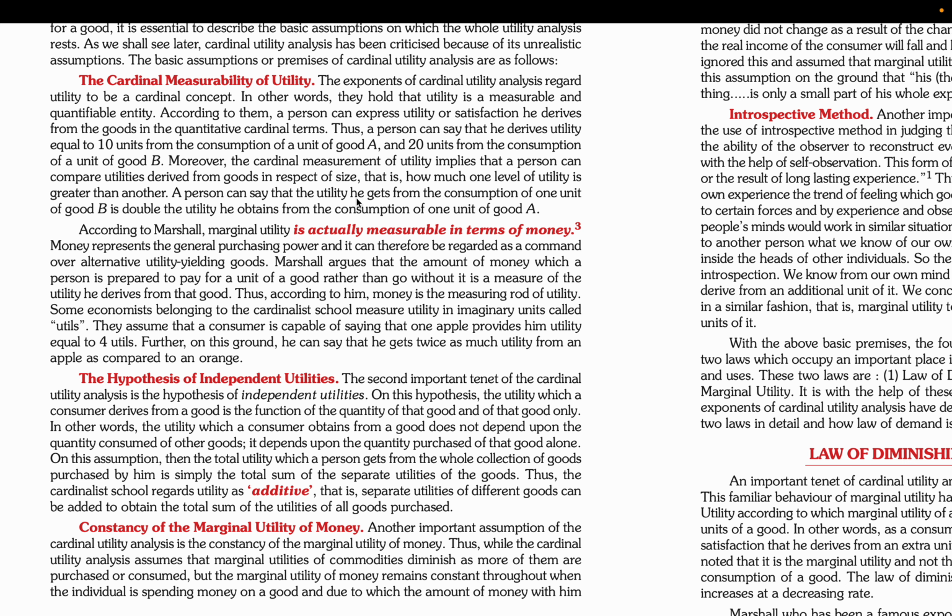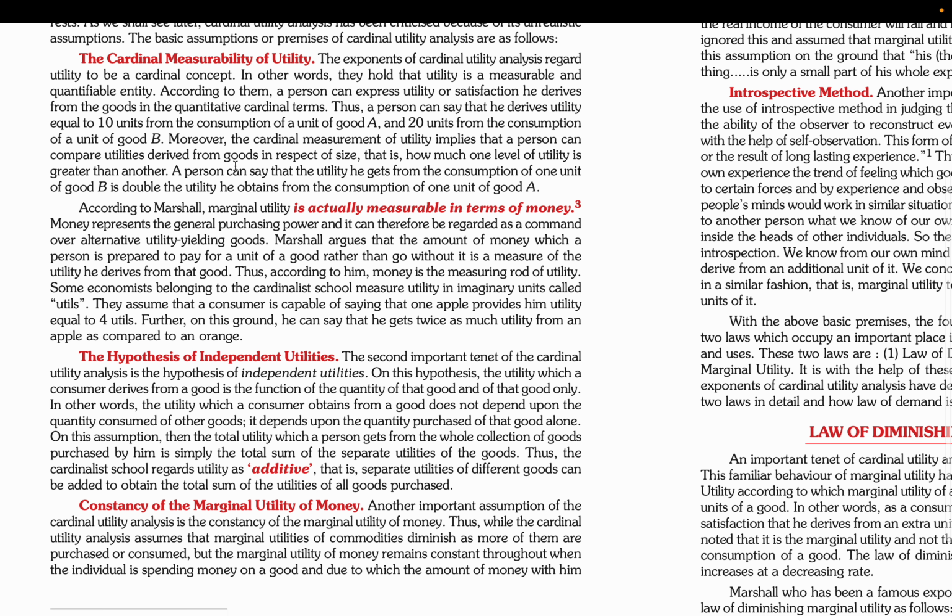A person can say that the utility he gets from the consumption of 1 unit of good B is double the utility he gains from consumption of 1 unit of good A. According to Marshall, utility is actually measurable in terms of money. So the first assumption is that we can give a number and state how much the utility derived from one thing is greater than the other.